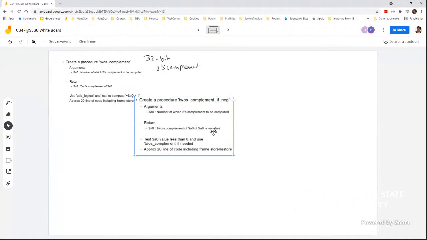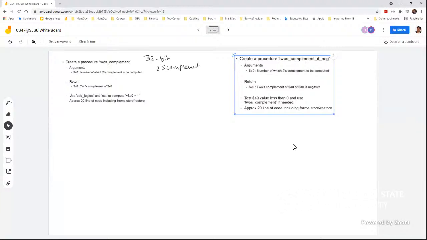Okay, so this is the next one. In this procedure, you are basically going to call the previous procedure internally.